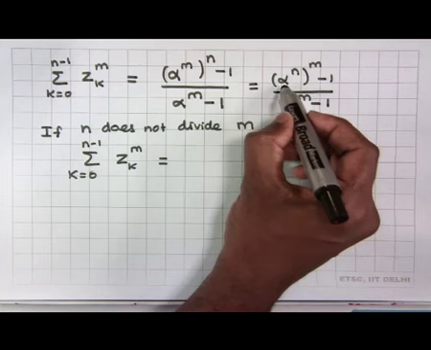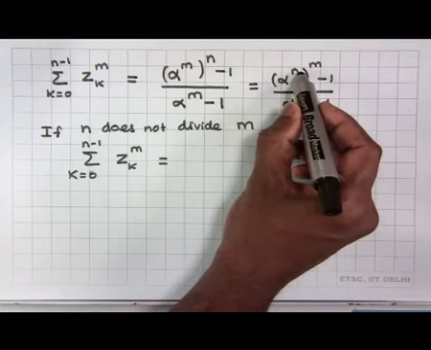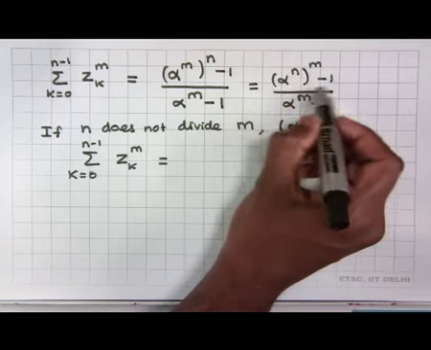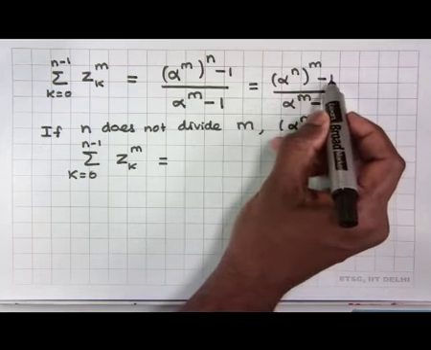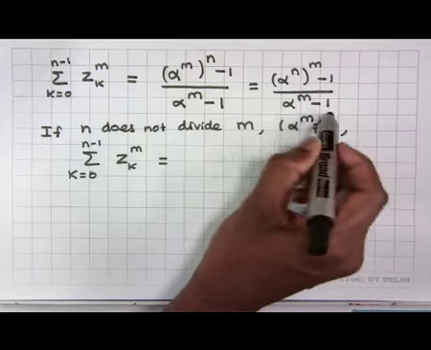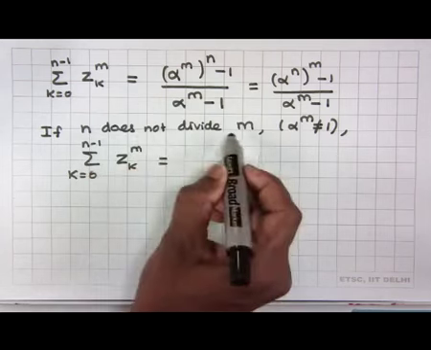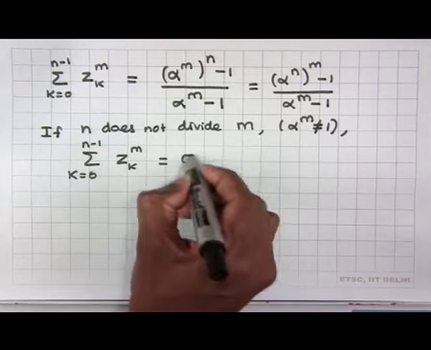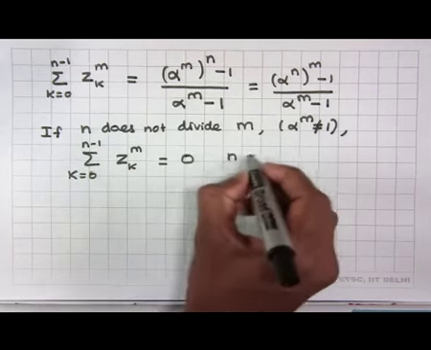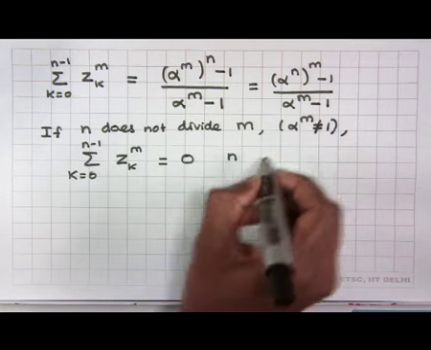And notice that alpha power n value is 1. So, this becomes 0, and the denominator is a non-zero quantity when n does not divide m, which means we get 0 if n does not divide m.